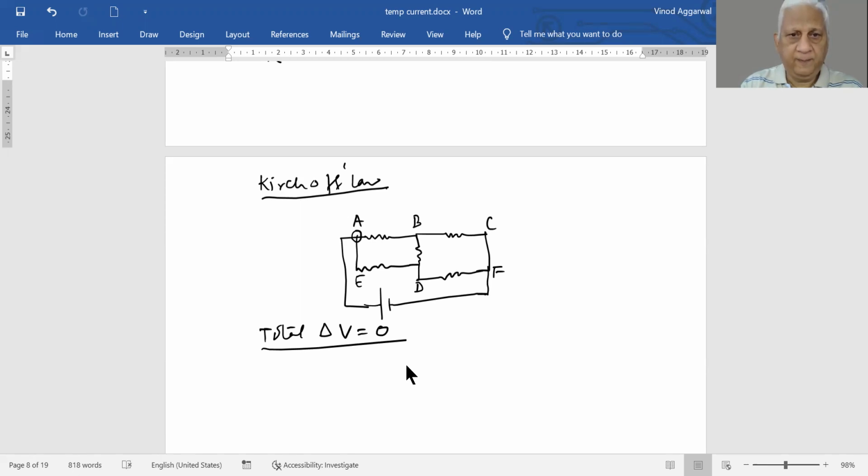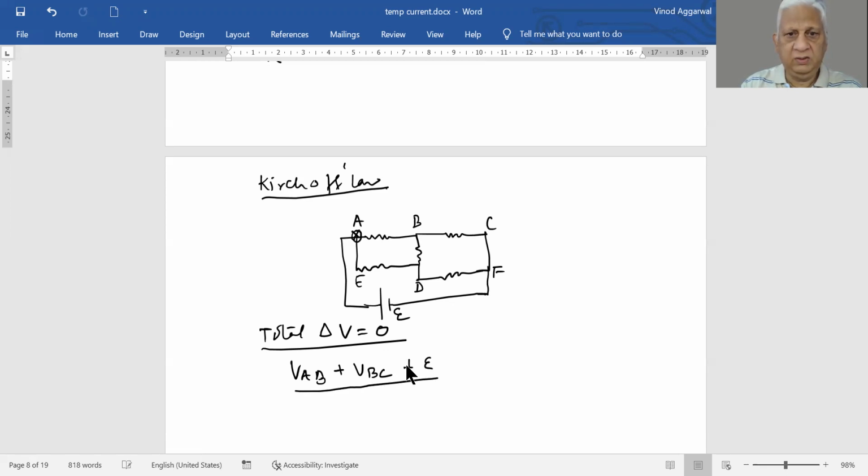For example, let's go across this. We start from here, then we have V from A to B, then V from B to C, then we go this way. Then there is no potential difference, and then there is EMF.